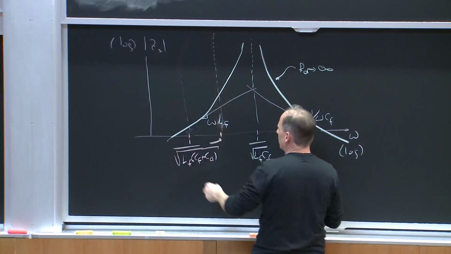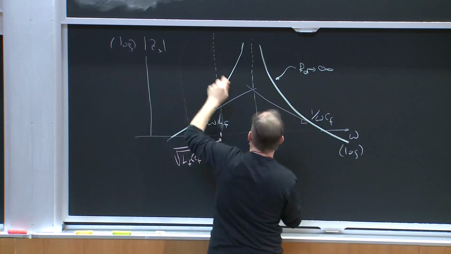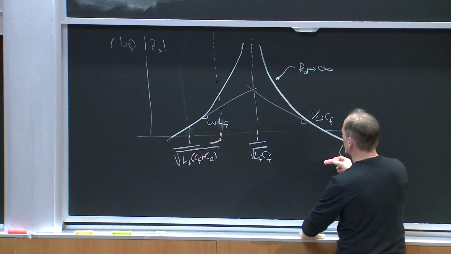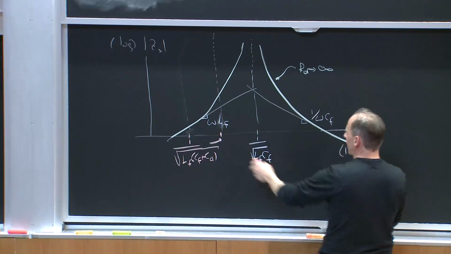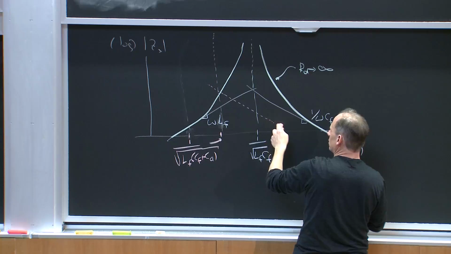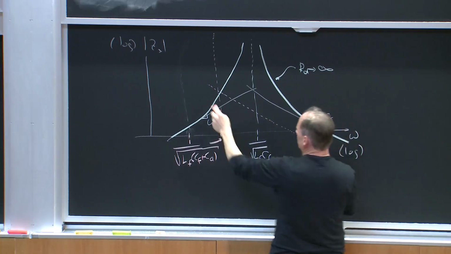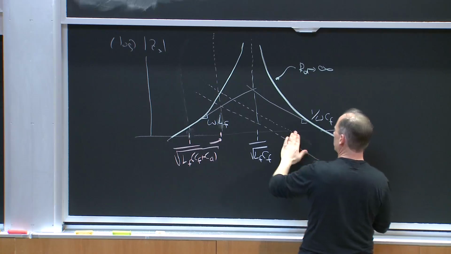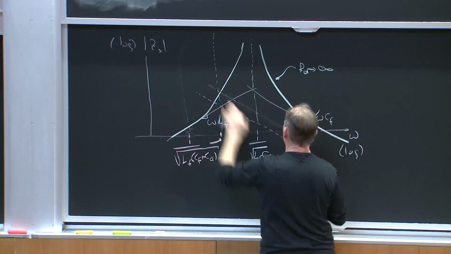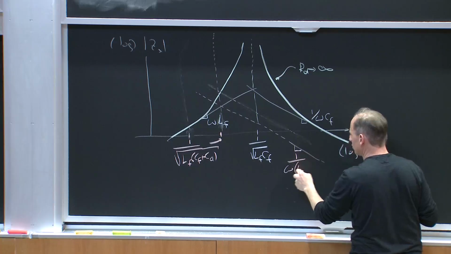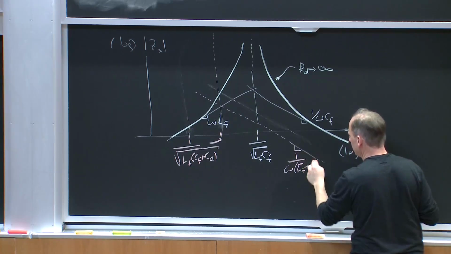I would get a different high frequency asymptote. Actually, let me put it right here, to be accurate. So this would be 1 over omega times CF plus CD.